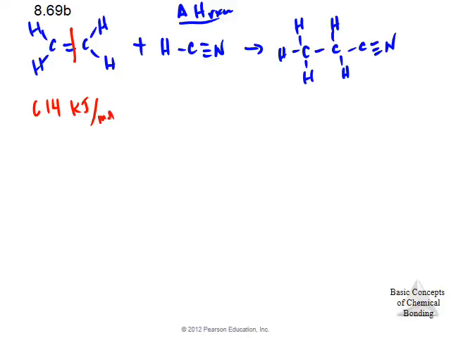What about carbon-hydrogen bonds on the left-hand side? Do I have to break those? No, because look at all these carbon-hydrogen bonds on the right-hand side. We have altogether 1, 2, 3, 4, 5 carbon-hydrogen bonds on the right-hand side. And we also have 1, 2, 3, 4, 5 carbon-hydrogen bonds on the left-hand side. So there is no need to break carbon-hydrogen bonds on the left-hand side.